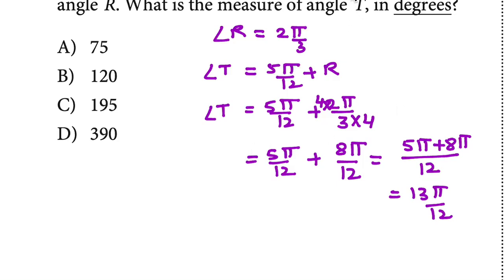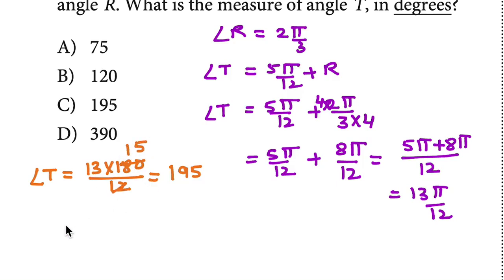Second part is that I have to convert it into degrees. Now again, check your comfort level. One way is simply put pi as 180, right? And solve it. Because pi is equal to 180 degrees. So if you do this, this is equal to 195. First cut it with 12. 15 times 13 is 195.